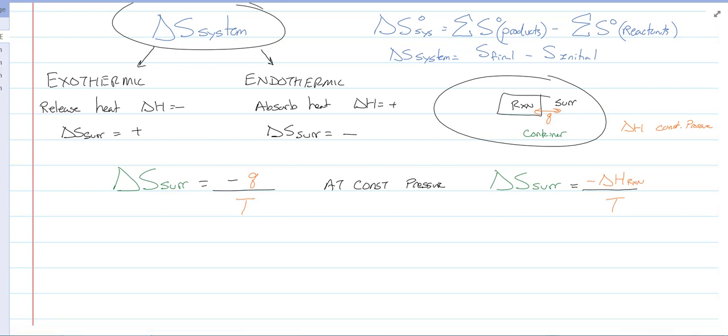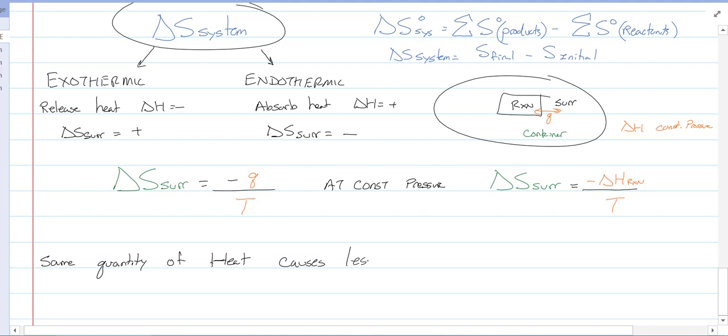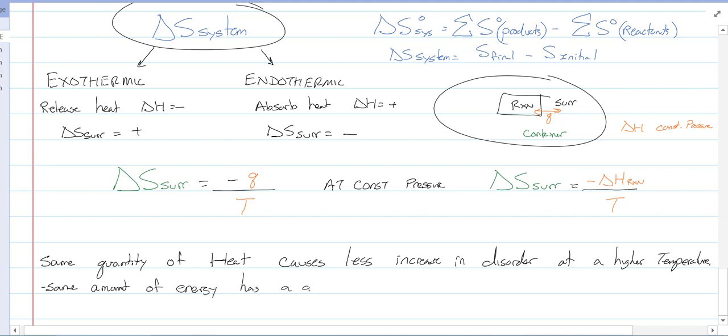The same quantity of heat causes less increase in disorder at higher temperatures. Which means the same amount of energy has a greater impact at lower temperature.